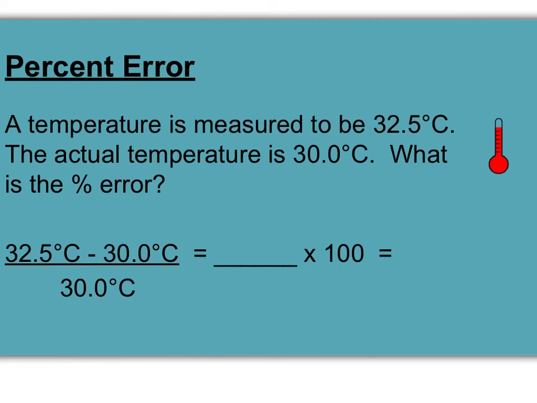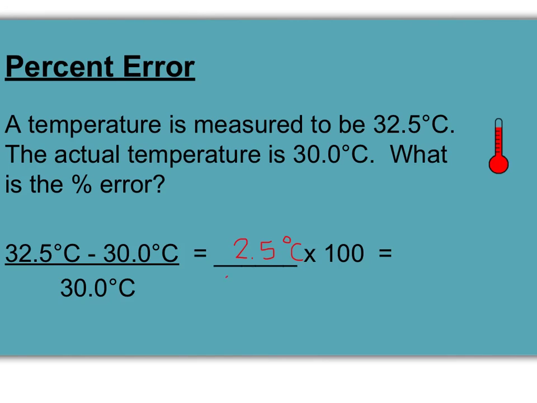Well, to solve this, what we do is we take the difference between the actual temperature and the measured temperature. So we have to subtract these two numbers. So you should subtract them and round to the appropriate number of significant digits at that point for subtraction. So that's going to give you 2.5 degrees Celsius, because that's actually a measured value for the difference.